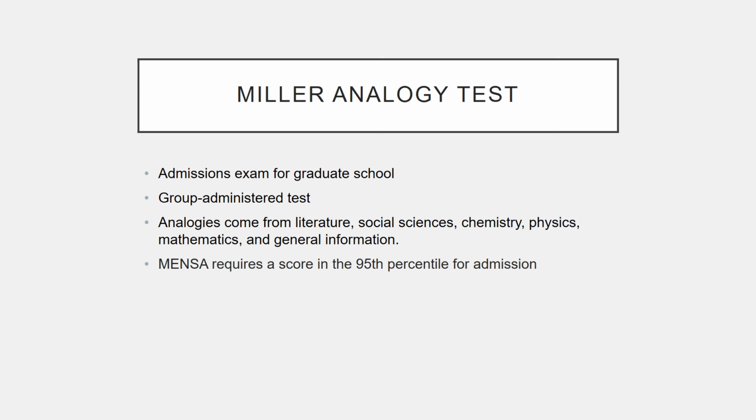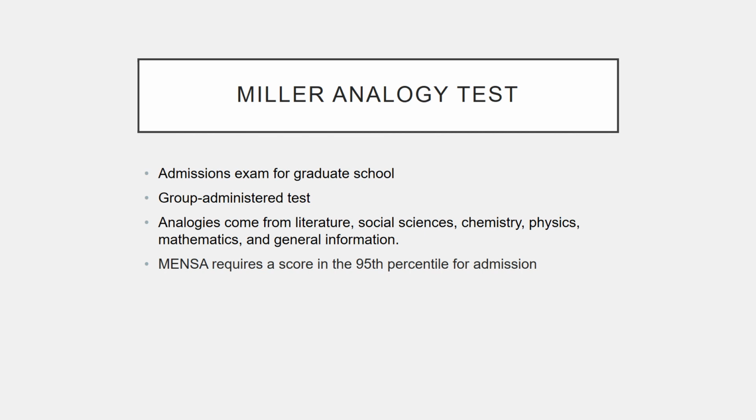So it's a bit of a different test, and it's used for entrance into a lot of the high IQ societies that exist in the United States. For example, Mensa uses this as an entry test for their society. You have to get a 95th percentile score on the MAT in order to qualify for admission into the Mensa Society.